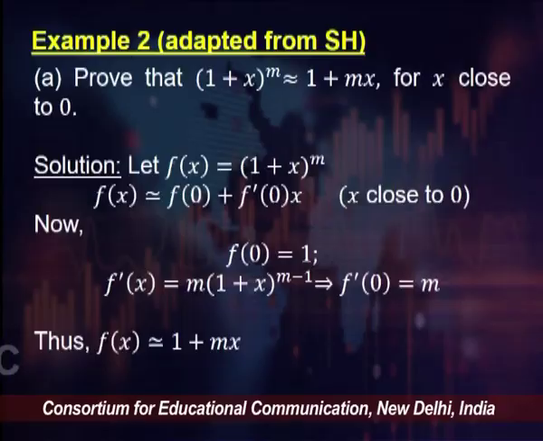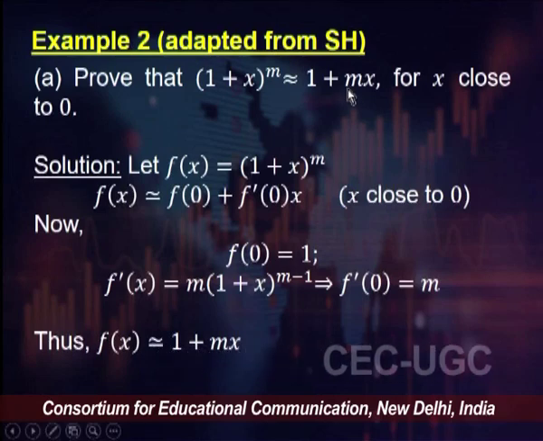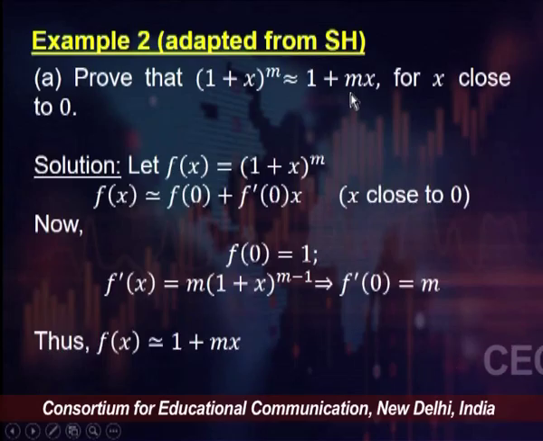Now, let us look at another example to illustrate linear approximations, and here also we see some interesting twists. So, the question asks you to prove that 1 plus x to the power m is approximately equal to 1 plus mx for x close to 0.